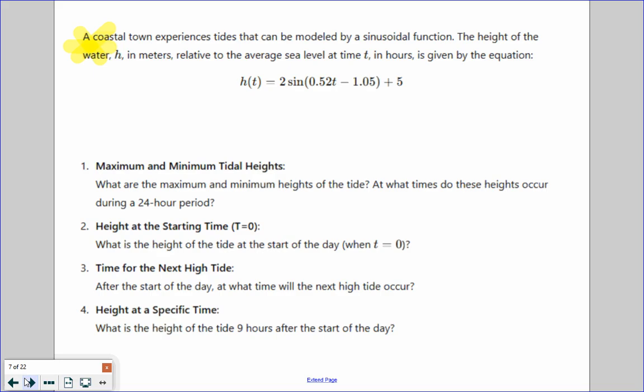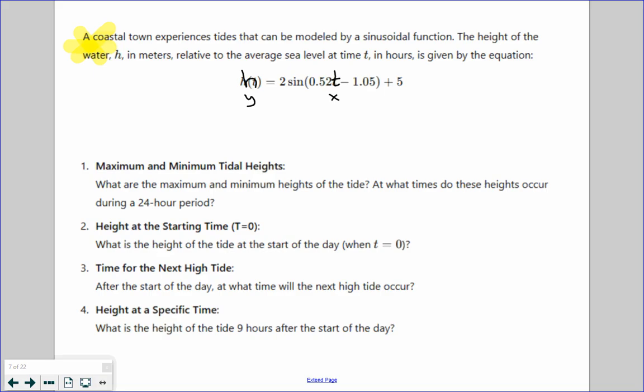Okay, so it says a coastal town experiences tides that can be modeled by a sinusoidal function. The height of the water, h meters, relative to the average sea level at a time t hours is given by the equation. Okay, so again, this is height, this is time. Think of it as y and x.